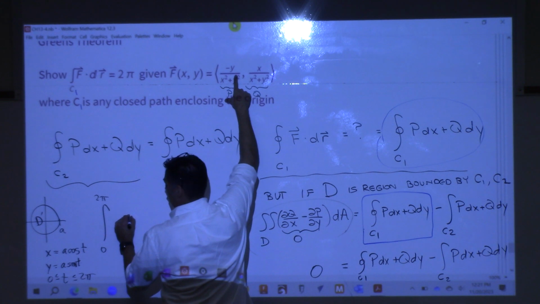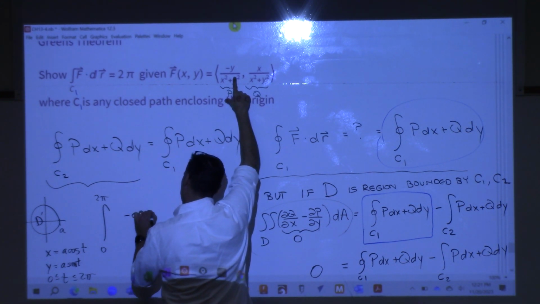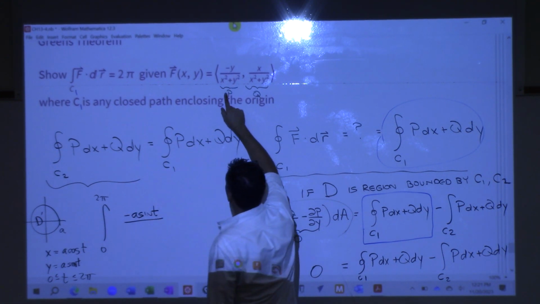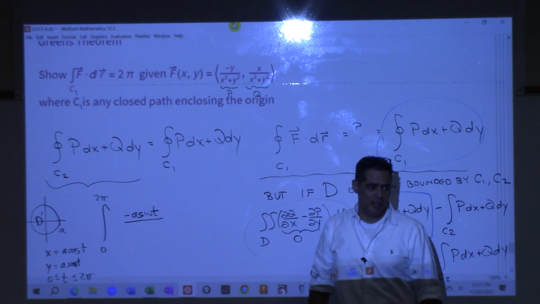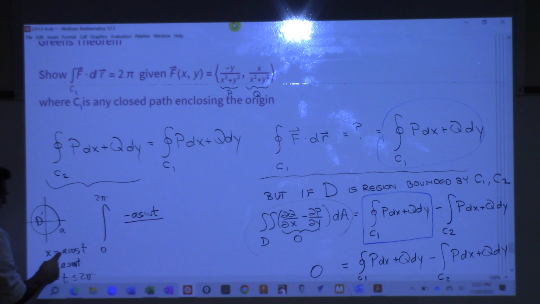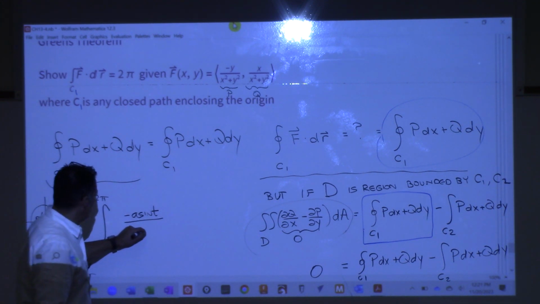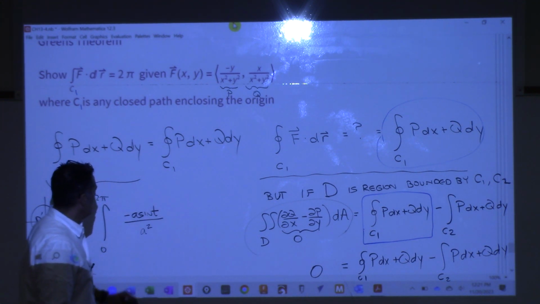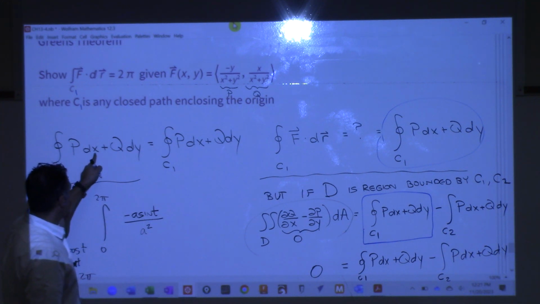Negative a sine t over x squared plus y squared. This is actually good. It's this squared plus this squared, so we'll get a squared cosine squared plus a squared sine squared. Because you factor out a squared, you get cosine squared plus sine squared, so you just get a squared. So that's going to be a squared here. And then you have dx. What's dx?